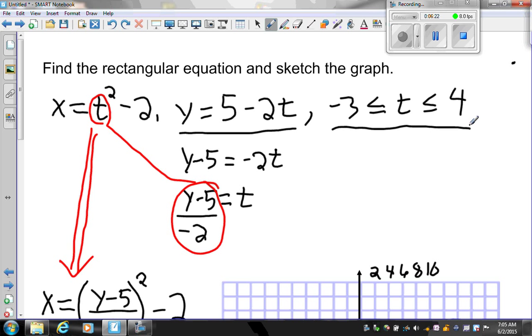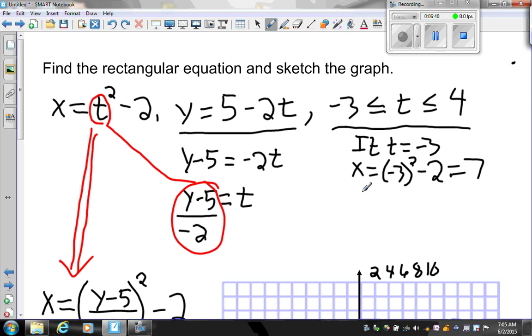So if t equals negative 3, then x is equal to negative 3 squared minus 2, which is 7, and y is equal to 5 minus 2 times negative 3, which is 11.